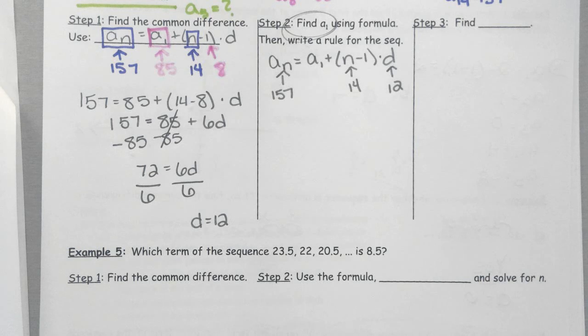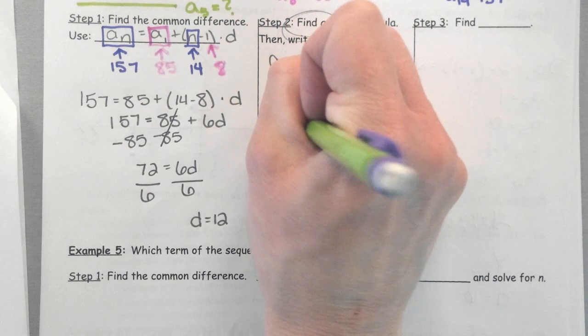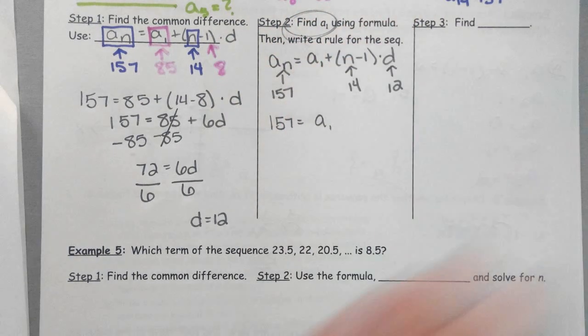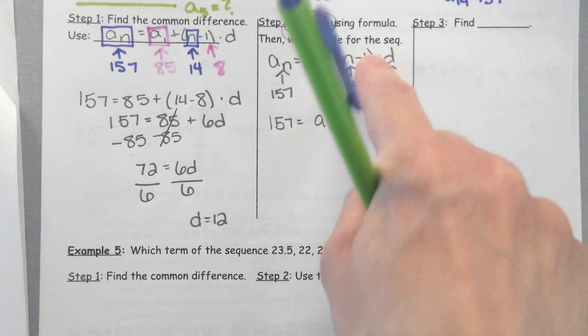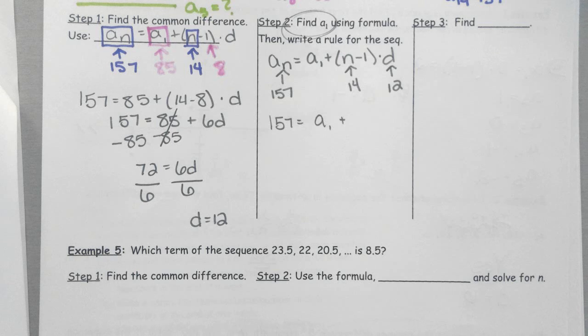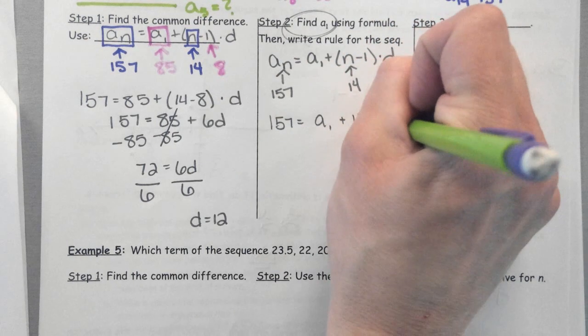So this time our goal is to find a sub 1, so I have the full equation written. Because once I have the full equation, I can find any term my heart desires. So 157 equals a sub 1, which I don't know, plus 14 minus 1, what does that give me? 13 times the constant difference, which is 12.